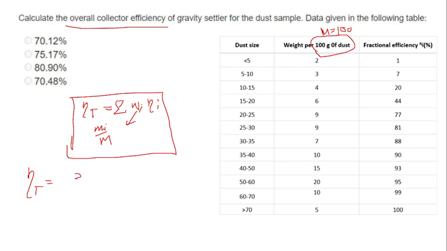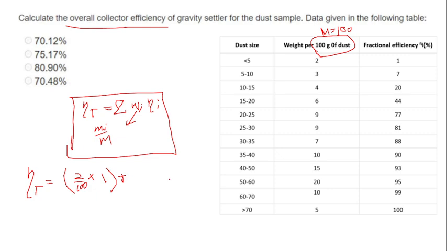So to calculate this, the first term is 2 by 100 into the fractional efficiency, where Wi is Mi divided by capital M. So the individual particle mass is 2 gram, written as 2 here, divided by the total mass of all the particles, which is 100 gram. So 2 divided by 100 into the individual fractional efficiency. The fractional efficiency for a particle size less than 5 micron is 1%, so into 1.